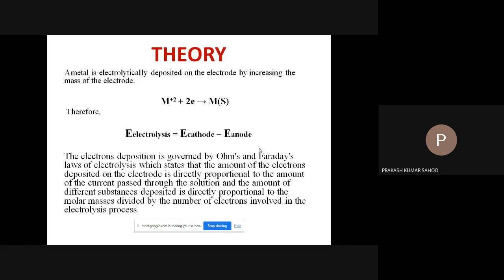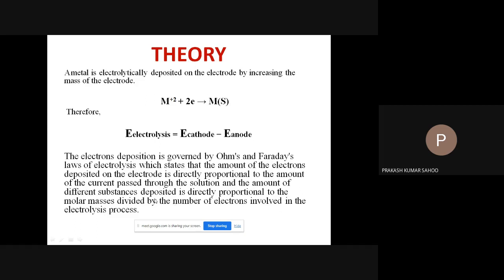So this is Faraday's law. So both these laws will be the theoretical approach to these theories, that is electrogravimetric theory and coulometric theory.